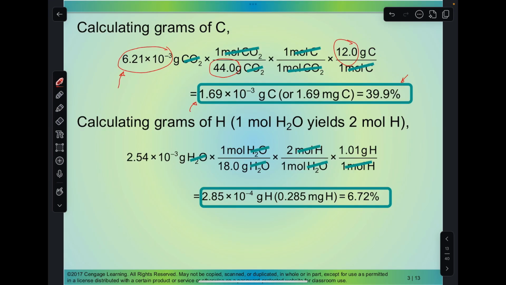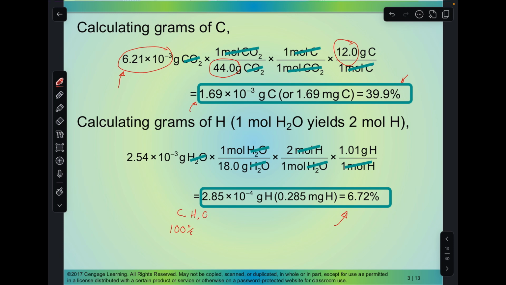Okay, and so we end up getting this for the answer for hydrogen. And then if we wanted to know the amount of oxygen, well, these are percentages. So 100% of this compound is carbon, hydrogen, and oxygen, right?